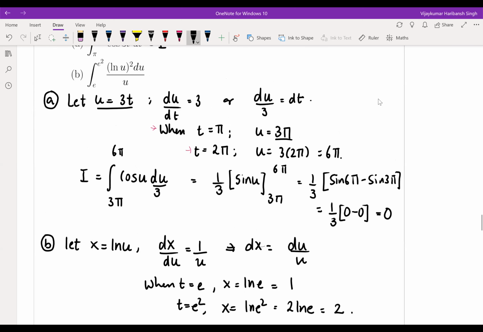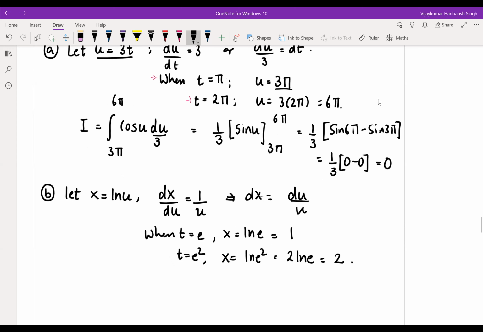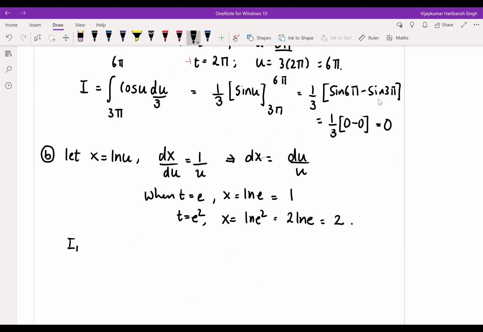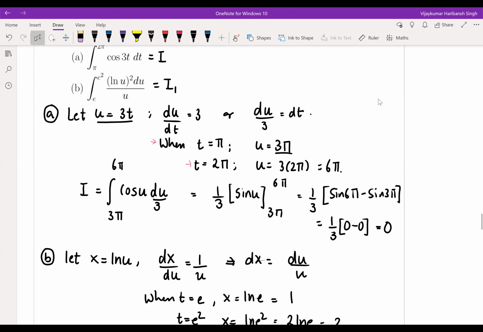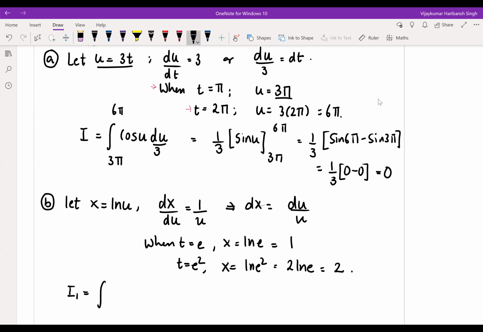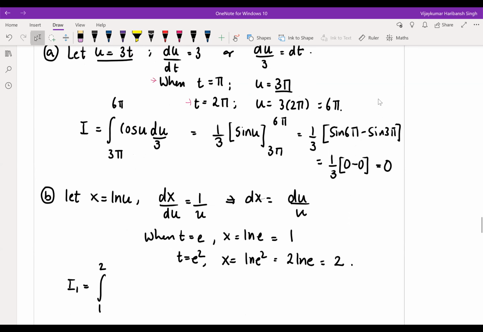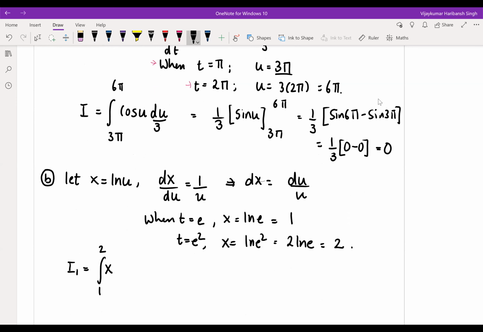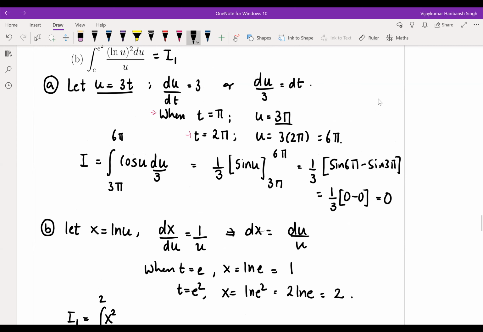So let me call this integral I1. My integral I1 is going to be, I need to change the limits of integration. The limits are from e to e squared, and now that changes from 1 to 2. The function is ln of u, so instead of ln u, I'll write x, and then dx replaces the du by u.